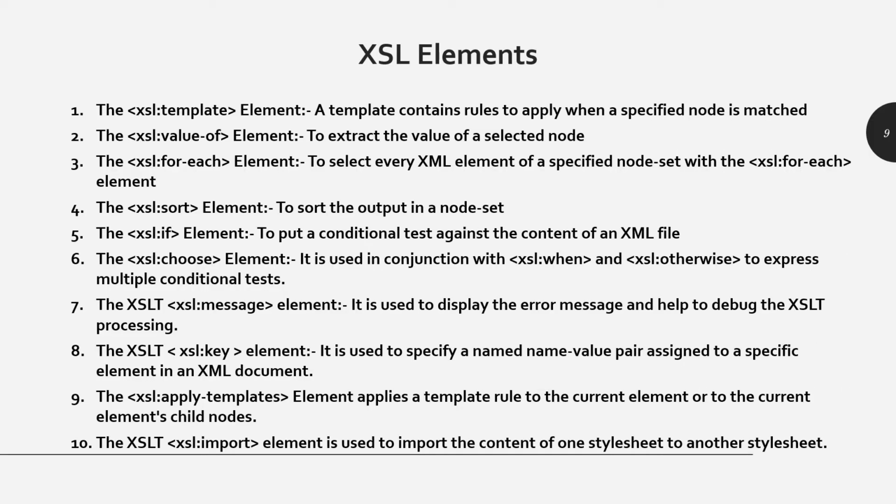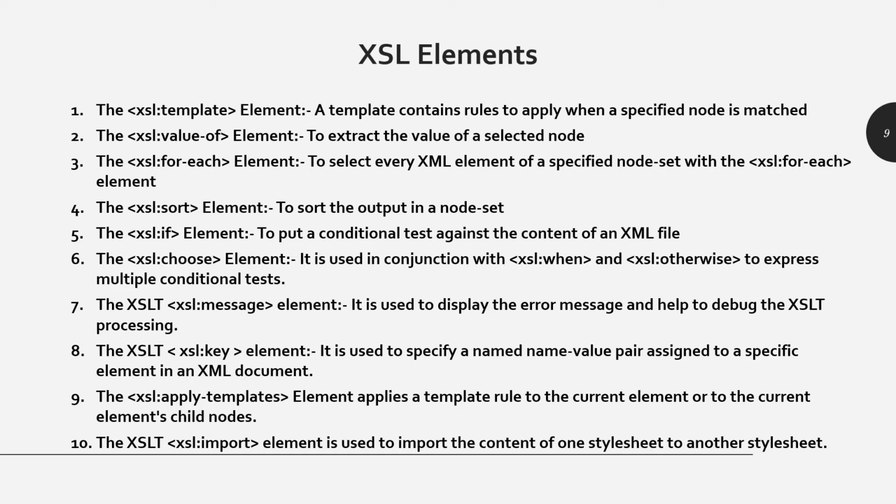As far as the style sheet is concerned, XSL elements are important. In this session we are going to discuss all these elements. Here, template contains the rules to apply when a specified node is matched.